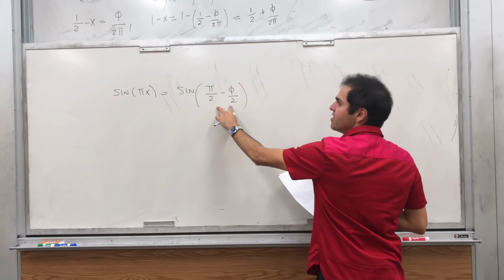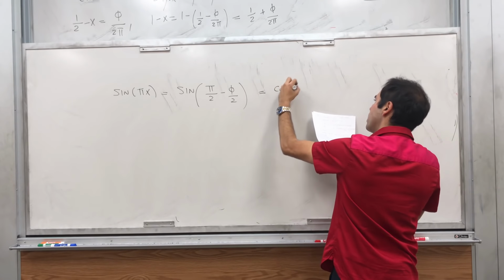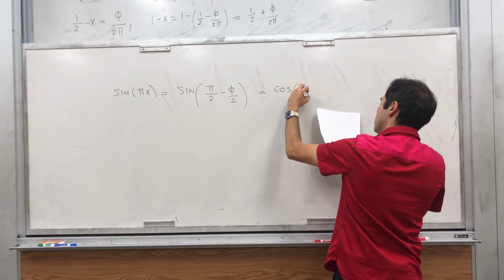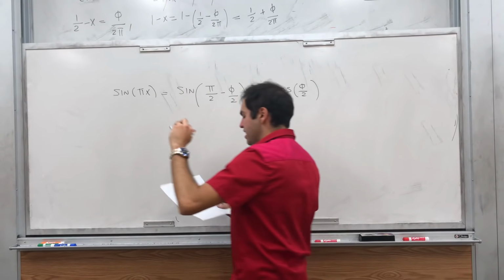And the nice thing is sine of pi over 2 minus phi over 2 is just cosine of phi over 2. So you see, all those terms actually become simplified, which is very nice.